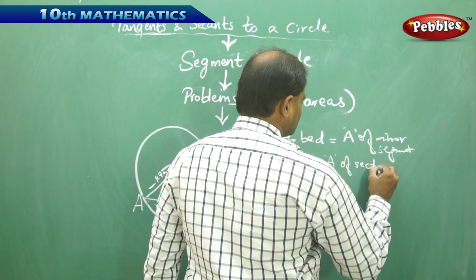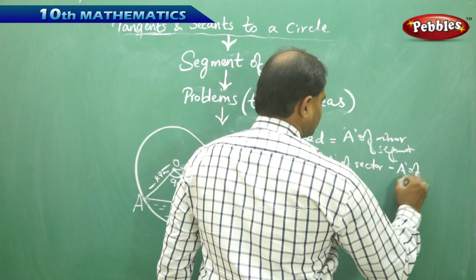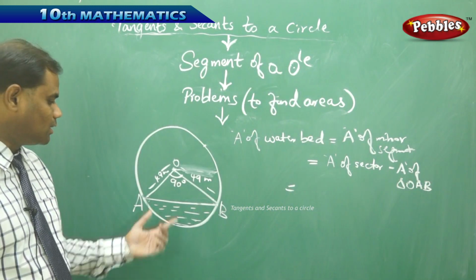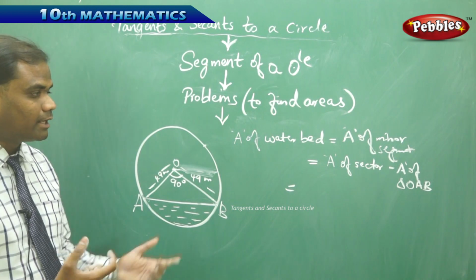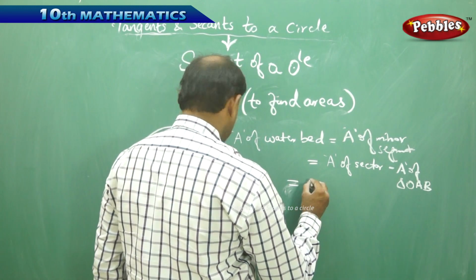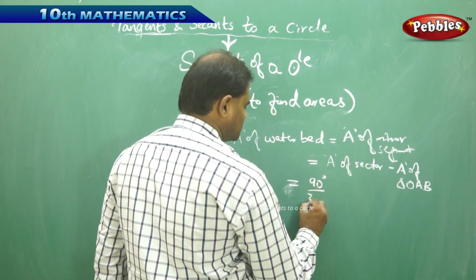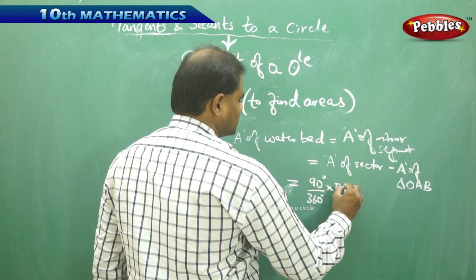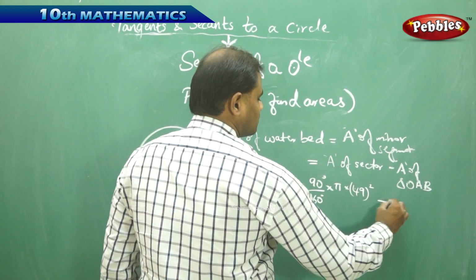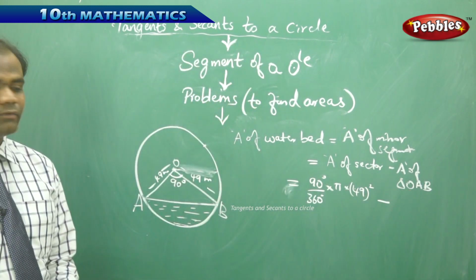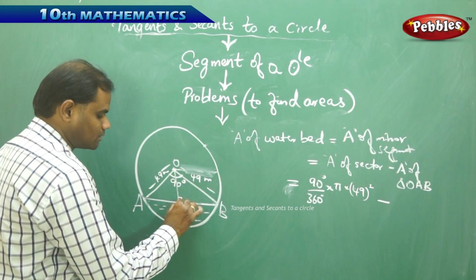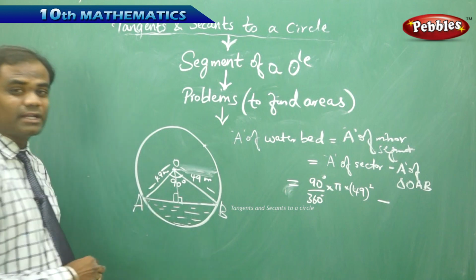Now, how do we find area of sector? We all know that the formula for area of sector is x by 360, x being 90, into pi r square, that is 49 squared, minus area of triangle OAB, which I need to find from here. A perpendicular is drawn here, which makes 90 degrees.